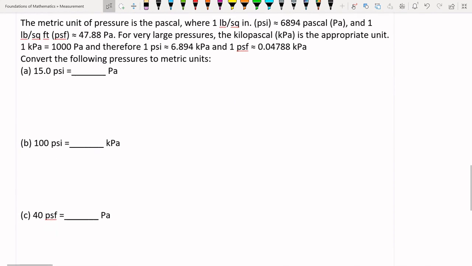Okay, 1 metric unit of pressure is the pascal. 1 pound per square inch, PSI, is 6894 pascals. 1 pound per square foot, PSF, is 47.88. For large pressures, we use kilopascals instead.